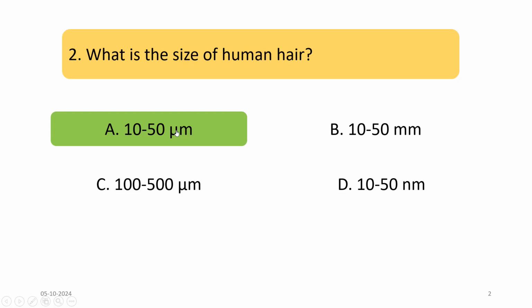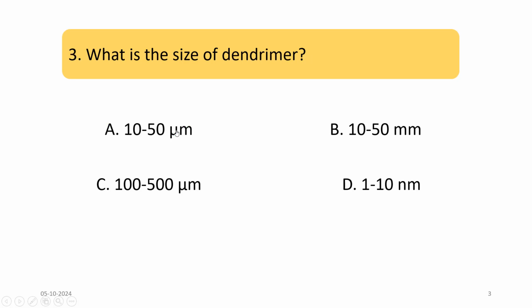Next, what is the size of dendrimer? The dendrimer size is 1 to 10 nanometer.